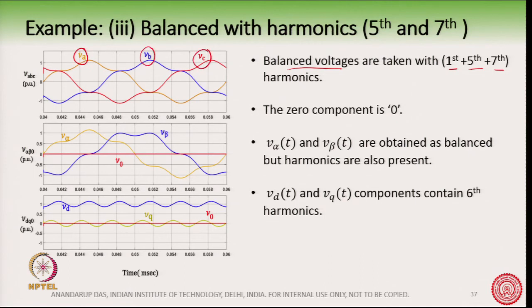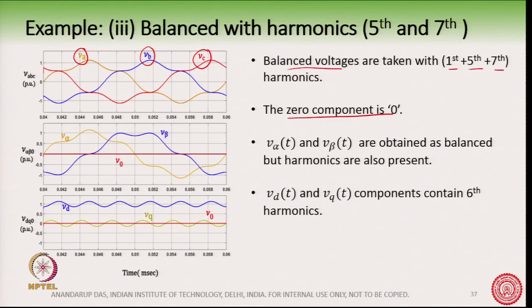If it is a balanced waveform, the sum of these 3 waveforms, VA, VB, VC, is 0 at all instants of time. Therefore, the 0 component V0 is 0, VA plus VB plus VC equal to 0 at all points of time. That is how we have taken this waveform.